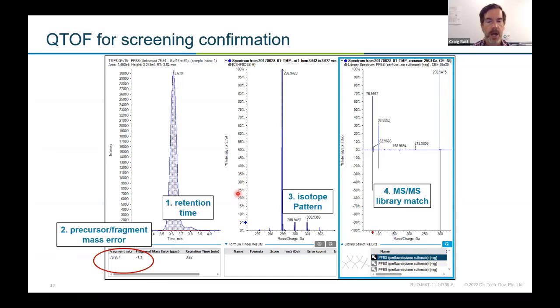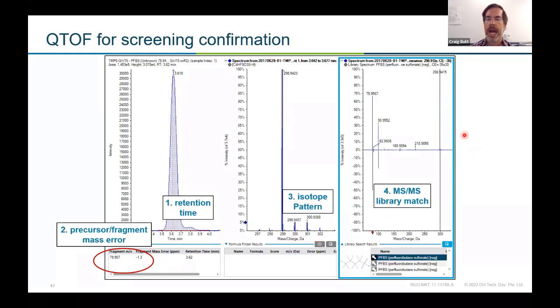However, with an accurate mass instrument, we also have the retention time. We have the precursor or fragment mass error that, again, I'll remind you, we can know very, very accurately to the third or fourth decimal place. So that's line of evidence number two. We can look at the isotope pattern of that precursor, right? So number three.